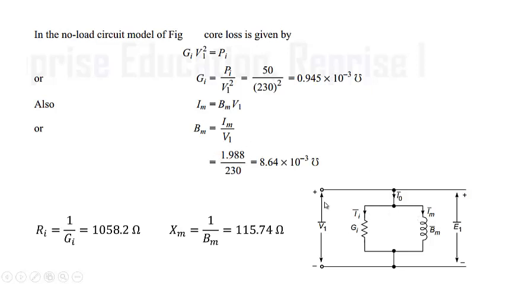But Bm is usually calculated by first calculating Im. Bm is equal to Im by V1, that is 1.988 over 230, that is 8.64 into 10 to the power minus 3 mho, Siemens or ohm inverse. And when we take the inverse of this, you will get Xm is equal to 115.74 ohms.